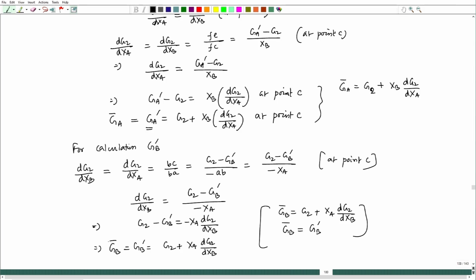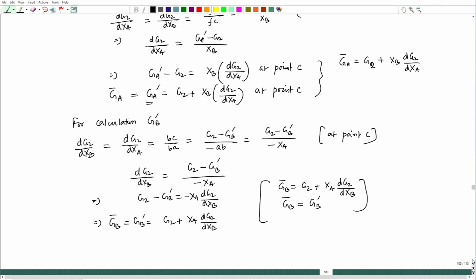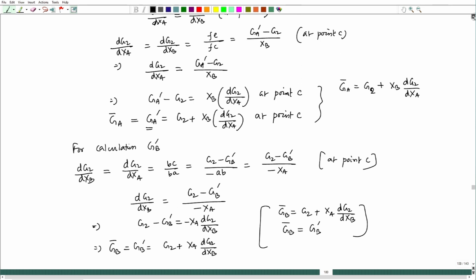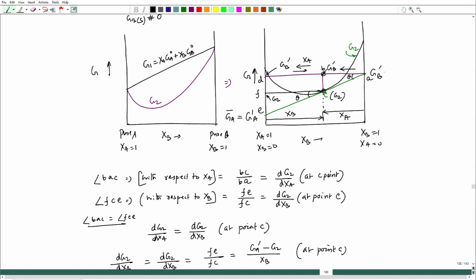So, this is the partial molar Gibbs free energy of the B component in the solution at that temperature and pressure. So, we can see that this point is nothing but the cutting point of the tangent at any point over the G2 line. Wherever it cuts the free energy axis at XB equal to 1 should be considered as the partial quantity. Fine.